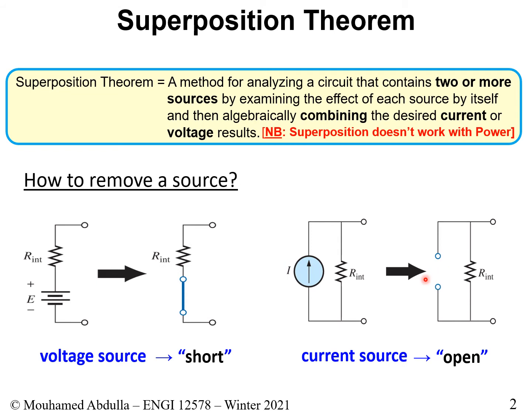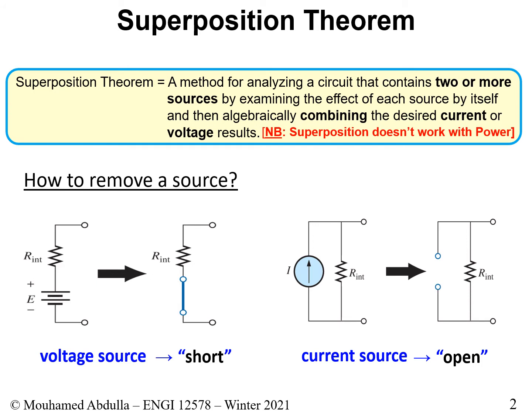That's how you get rid of a current source, and this is how you get rid of a voltage source. These two are things you really need to have in your toolkit. Voltage source, when you want to get rid of it, you short circuit it. Current source, when you want to get rid of it, you open circuit it. And this will be necessary as we solve superposition related problems, circuits with more than one source.